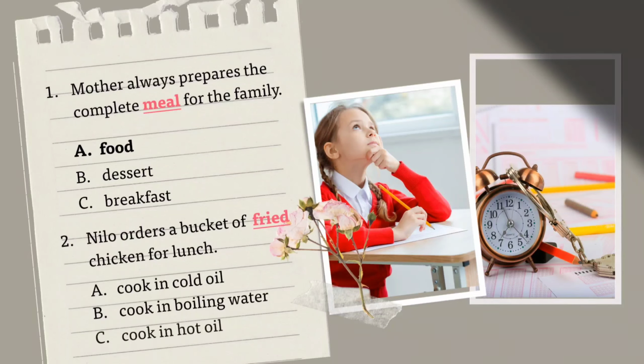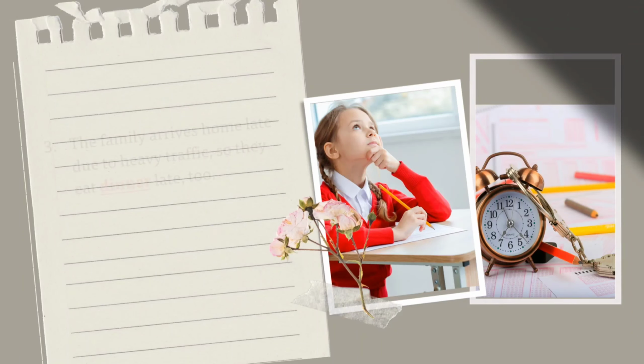Number 2. Nilo orders a bucket of fried chicken for lunch. What do you mean by fried? Is it A, cooked in cold oil, B, cooked in boiling water, or C, cooked in hot oil? That's good. That is letter C, cooked in hot oil.